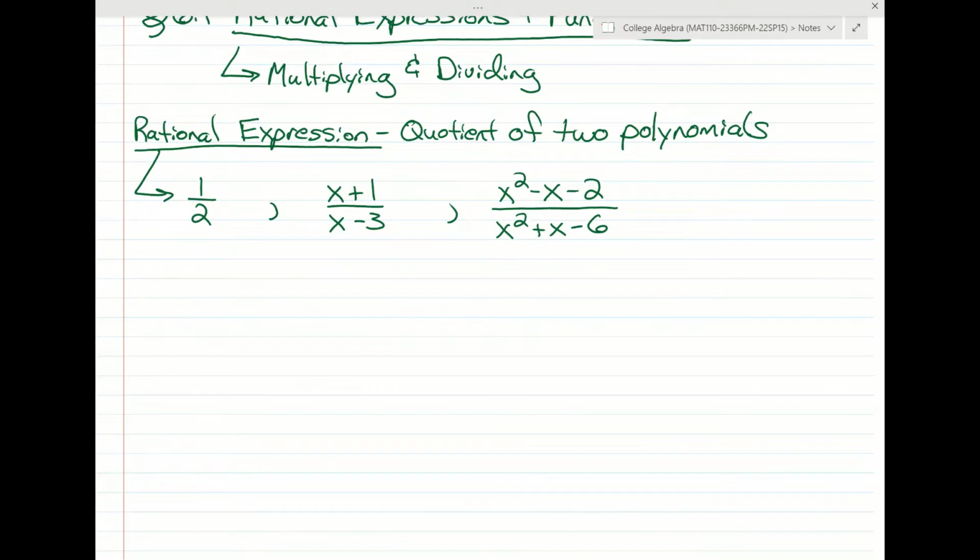First thing I wanted to do in this lesson, besides give you examples of rational expressions, is talk about the domain of a rational function.